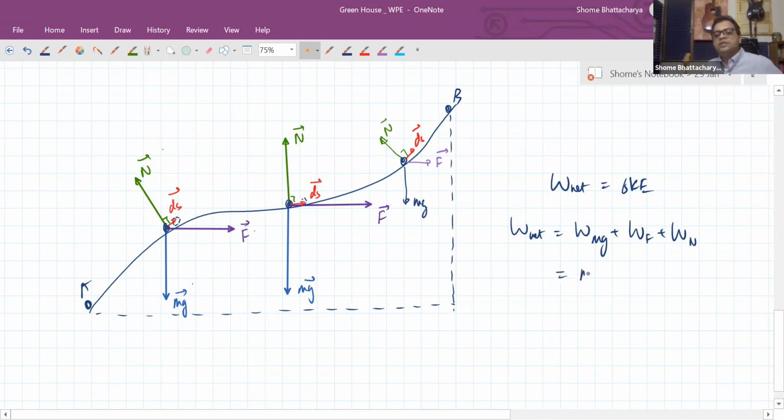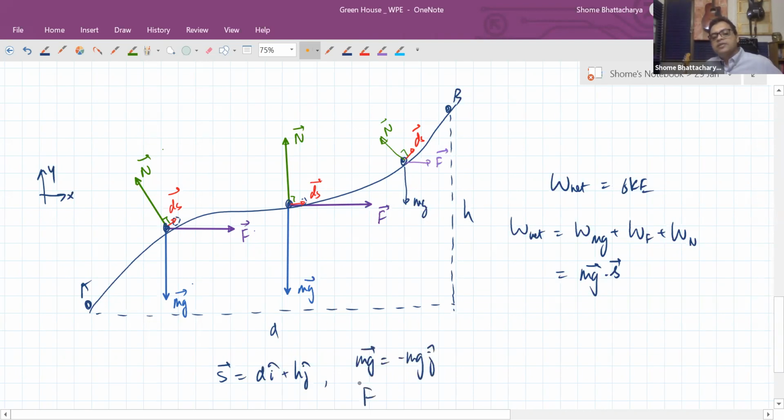Now work done by mg, this dot product, you can see if this is H and this is D. Taking this as X and Y, we can write the displacement as D i cap plus H j cap. You can write mg as a vector as minus mg j cap.